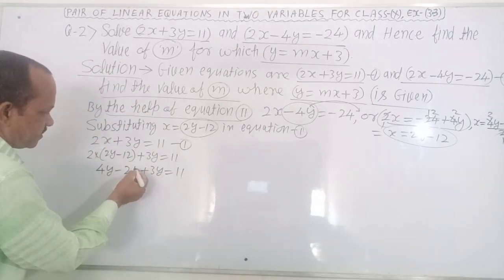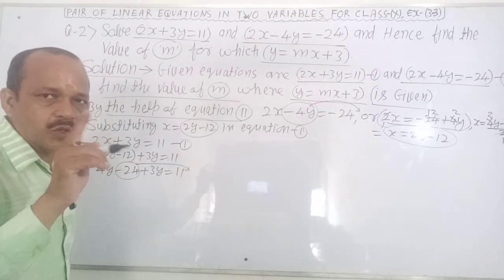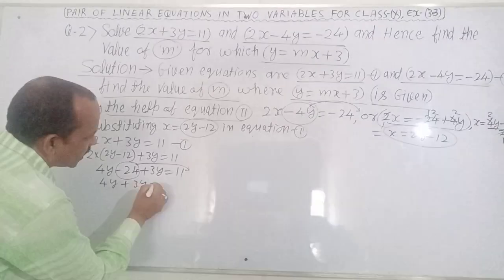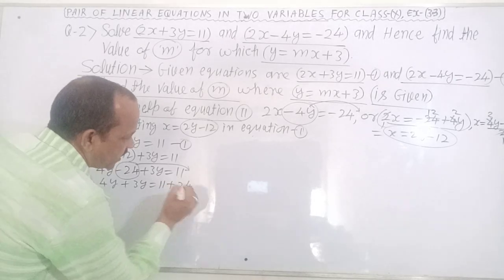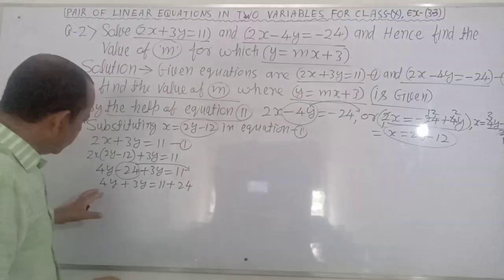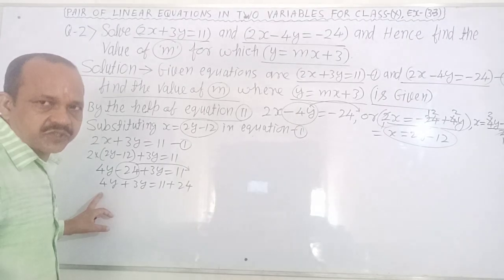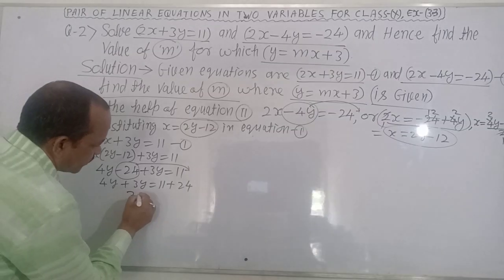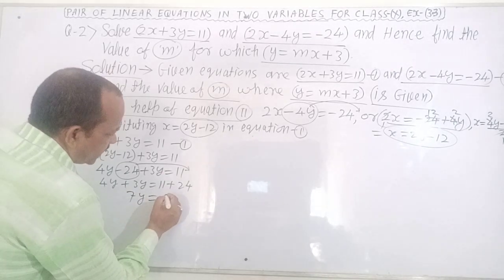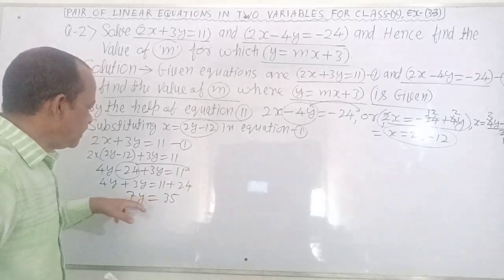You can write minus 24 on the right side of equal. Clear? It becomes 4y plus 3y equal to 11 plus 24. You add 11 and 24, and 4y and 3y. 4y plus 3y becomes 7y equal to 35.